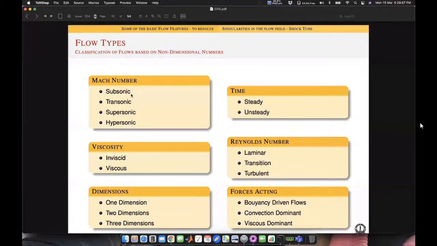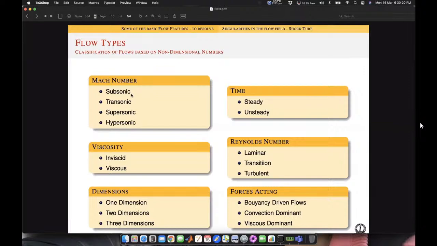All these are moving objects with respect to air. The speed of sound in air is about 330 to 340 meters per second based on the temperature. If you take the ratio of the object velocity to the speed of sound, you'll see that most of these objects are subsonic in nature.